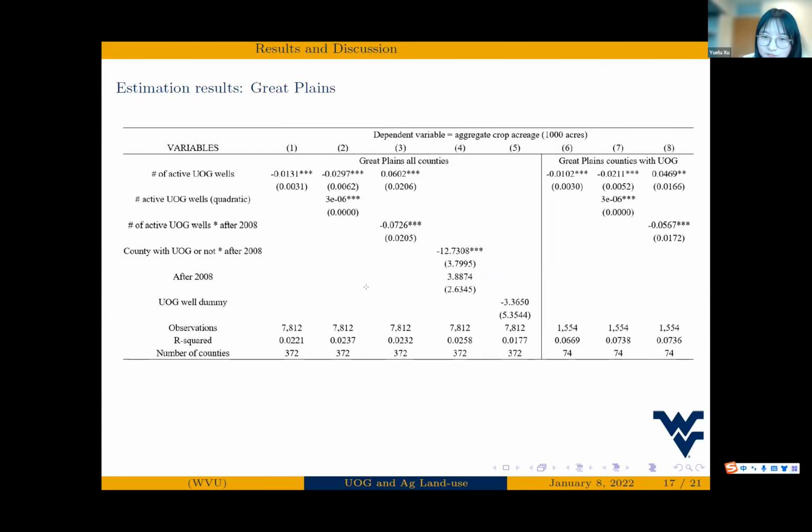Yeah, the UOG well dumping is initially significant when we cross the arrow at the county level. But when we cross the arrow at the agricultural statistics district level, this estimation becomes insignificant.